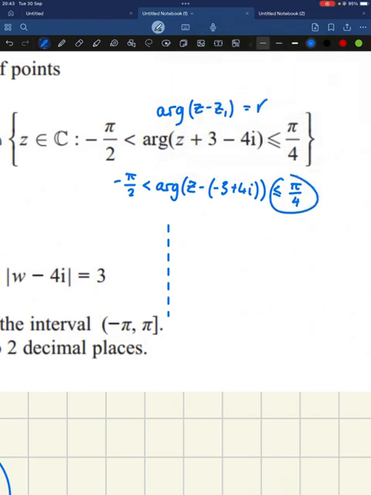But this bit over here we're including, since we are less than or equal to pi by 4. Well, this would be pi by 2, so pi by 4 is 45 degrees, so it'll be something like that. So we want to have this drawn, and everything shaded here because that's what's between minus pi by 2 and pi by 4.